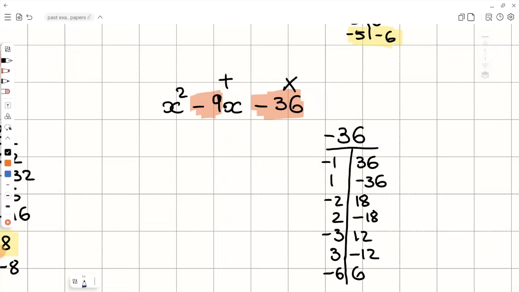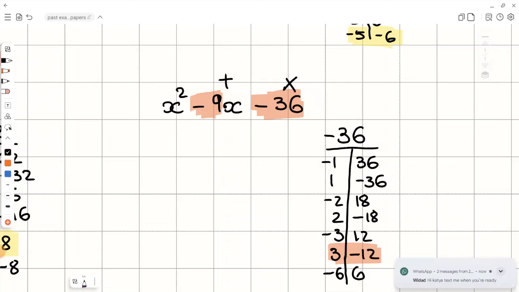Okay, now that we have our numbers, we need a pair that adds up to negative 9, and that pair would be 3 and negative 12, because 3 plus negative 12 gives us negative 9.